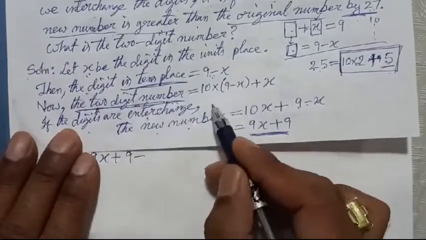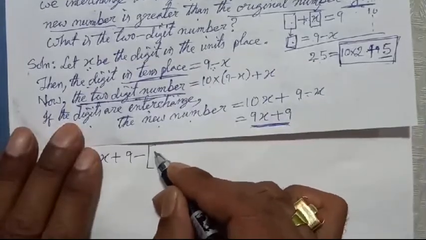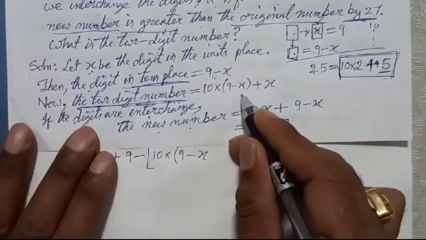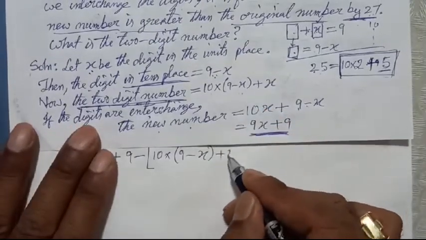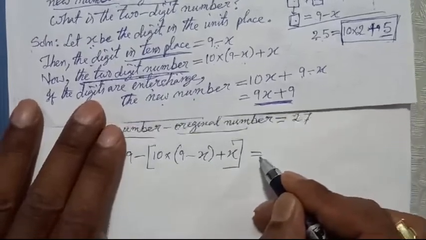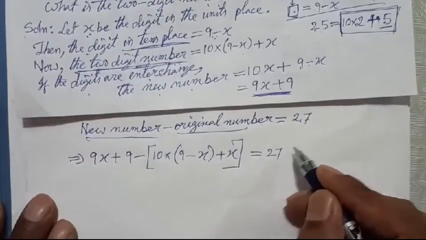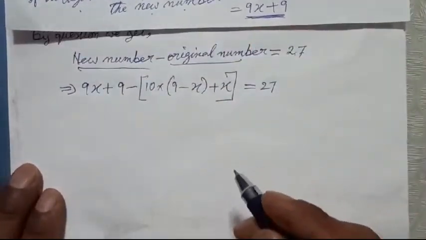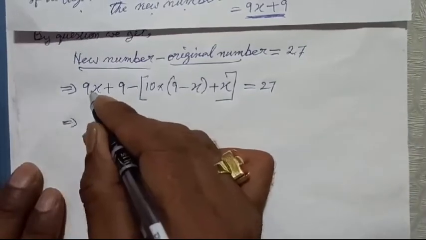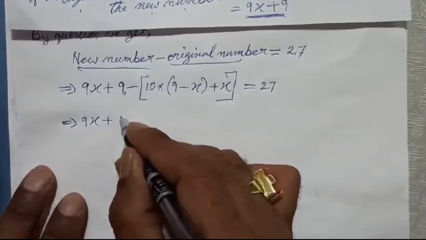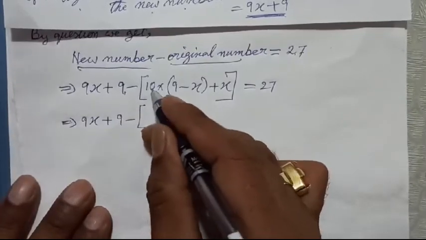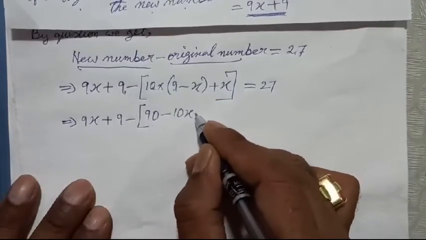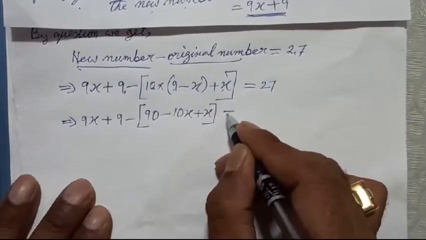This is the original number: 10 into (9 minus x) plus x, and this is equal to 27. So 9x plus 9 minus 10 multiply 9, there is 90, minus 10x plus x, equals 27.